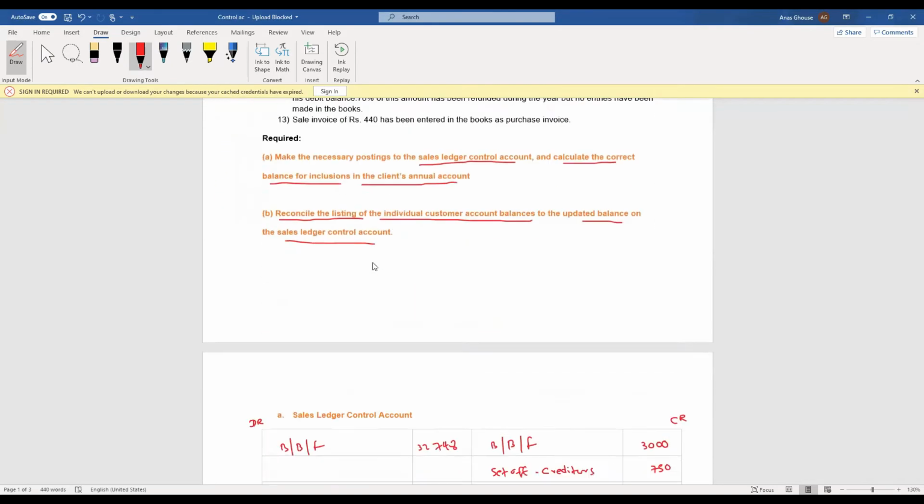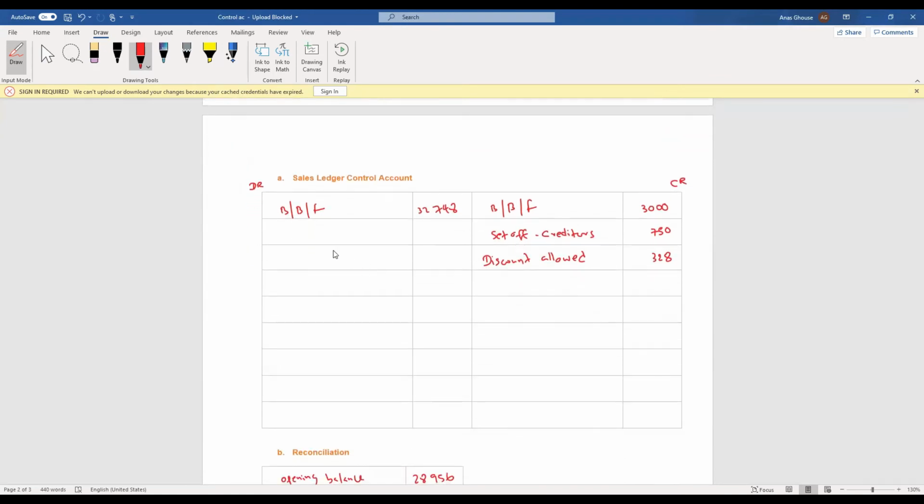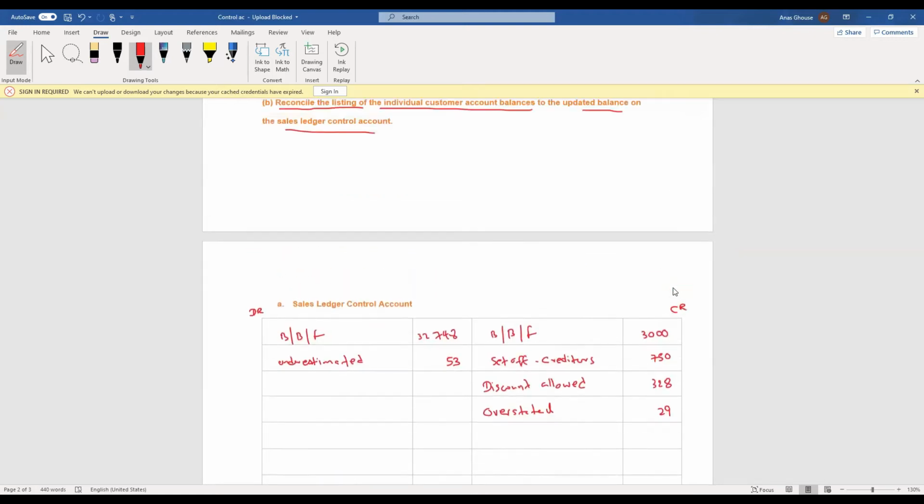So 53 is the underestimated, this is underestimated 53 rupees, and this is overstated by how much? 29. So this is how you rectify.